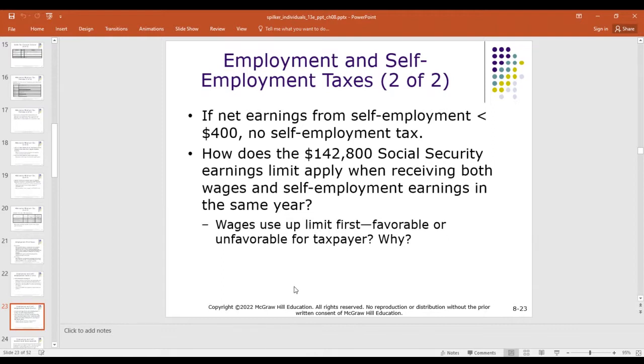Well, since her gross pay is above $142,800, none of the $18,000 would be subject to Social Security tax. So she's paid the full amount in she needs to. However, we'll take the $18,000 times 92.35%. That amount is subject to the 2.9% Medicare tax. So she still has to pay that on the self-employment income.